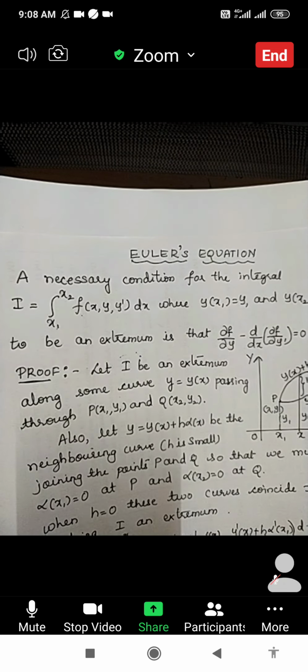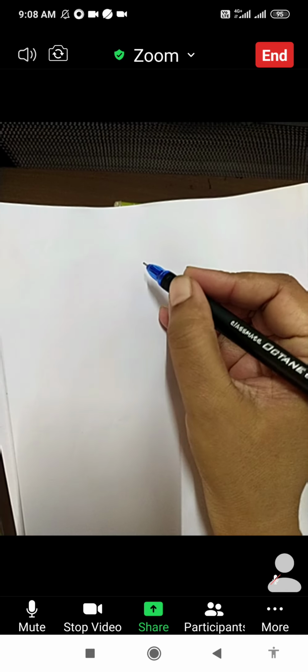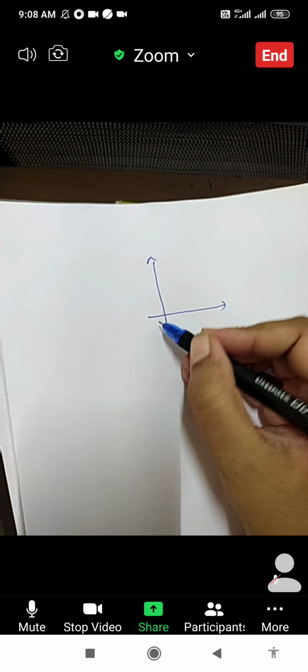Now I'll show you how the construction is taken up. We take a coordinate system, the xy coordinate. Here we are going to take one curve, the geometrical part.